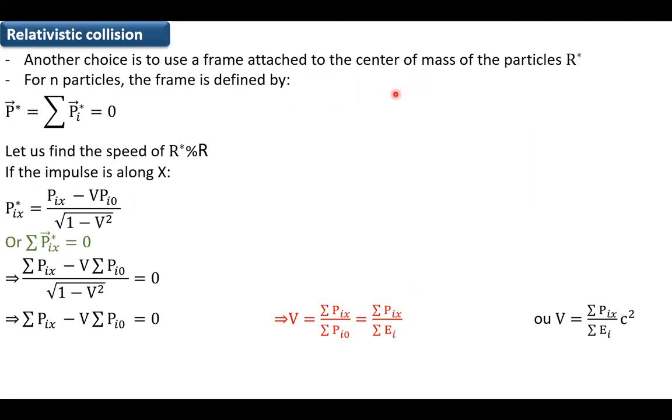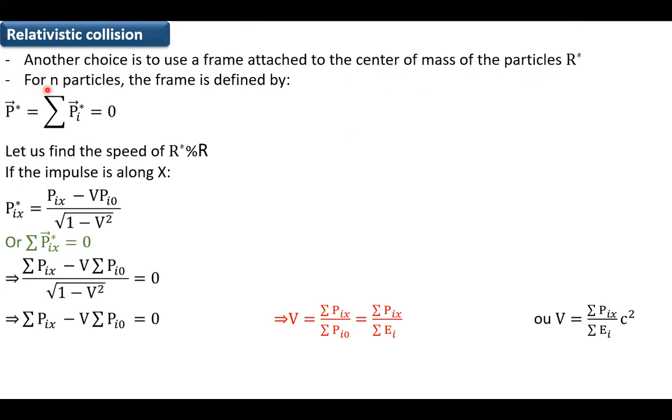And of course, these particles have a center of mass, which is not necessarily a point belonging to one of the masses. You know that from classical mechanics. So we attach a frame to the center of mass and we call it R star, or anything you want. So this R star is the frame attached to the center of mass of your system of particles.